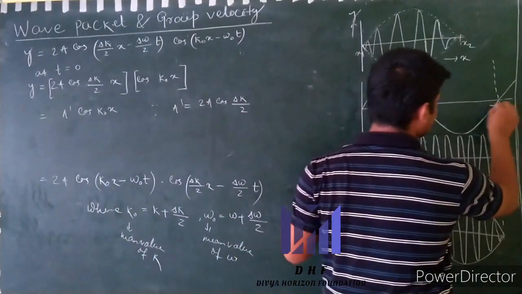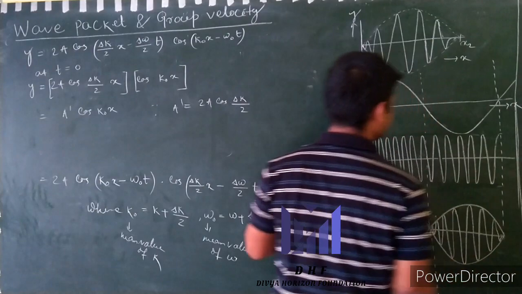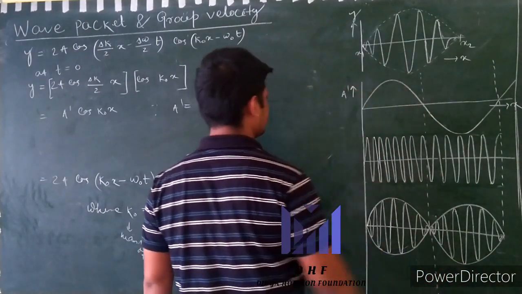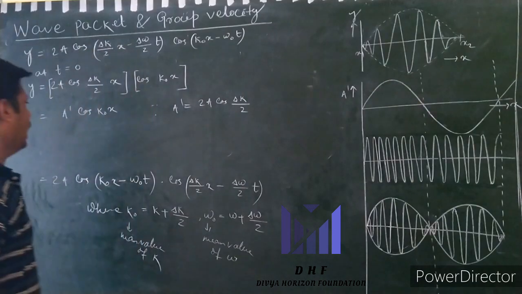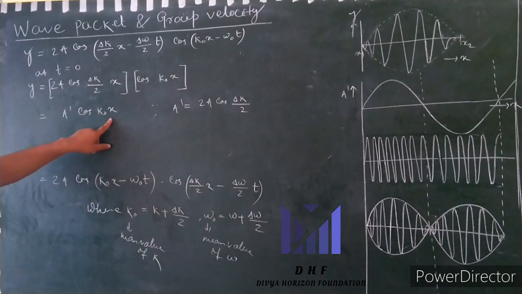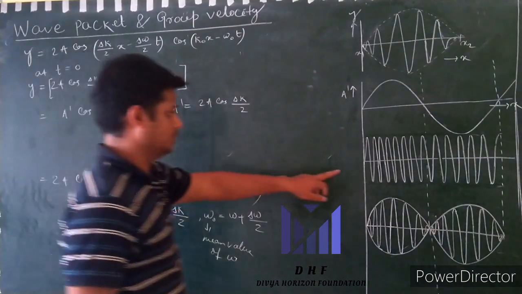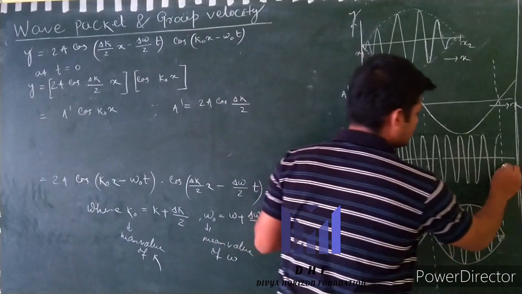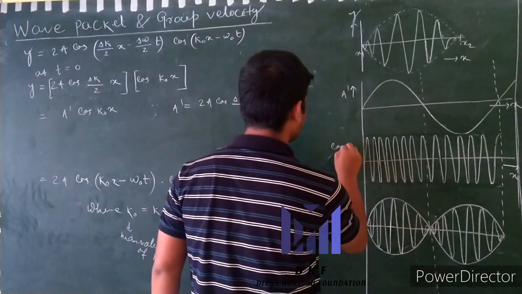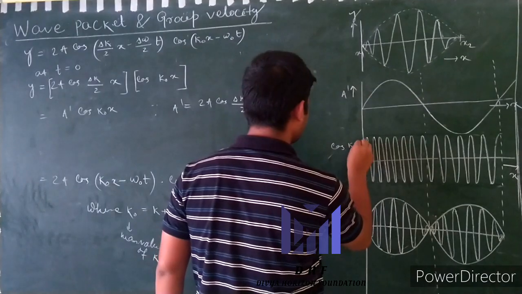In this graph, x is taken in this direction and a dash is taken in this direction. And if we draw x versus cos k0 x, we will get this equation. This is drawn for cos k0 x.